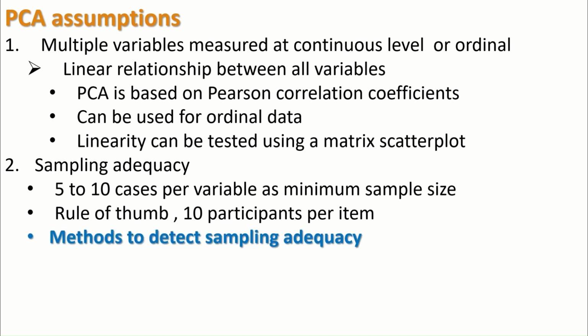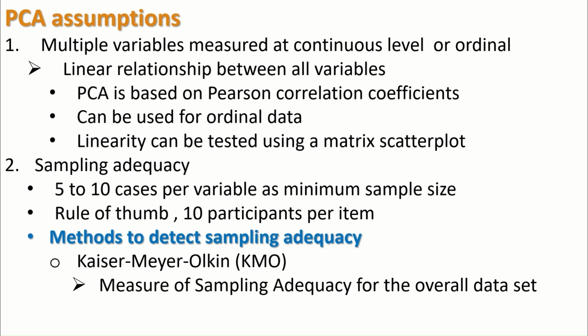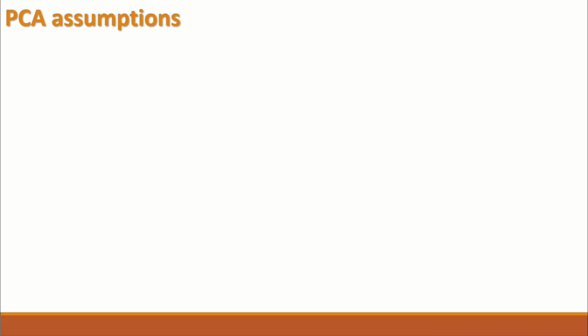And the method to check whether there is sampling adequacy is to perform the Kaiser-Meyer-Olkin sampling adequacy test that will measure the sampling adequacy for the overall data set.